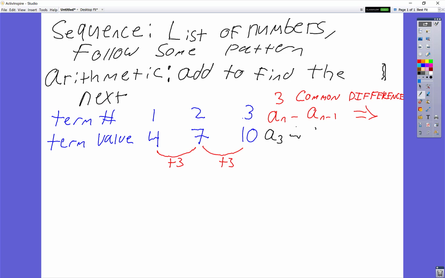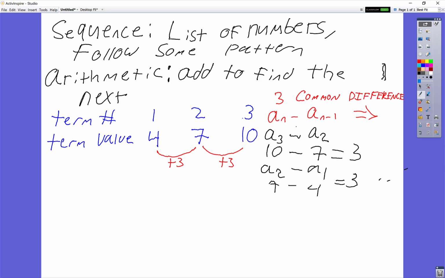So a3 minus a2: the third term, 10, minus the second term, 7, is 3. That's the common difference. Or you could do the second term minus the first term, each term minus the previous term. That's 7 minus 4, which is 3.